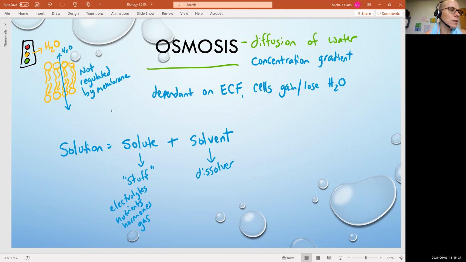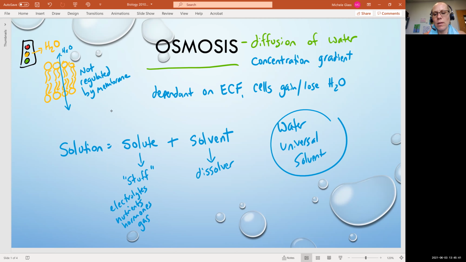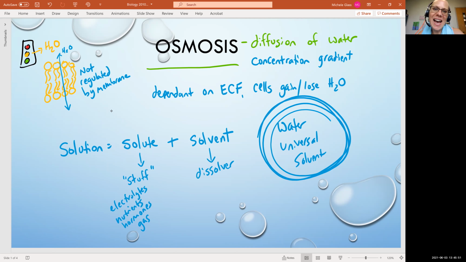Could be all of these things. And the thing that's important to remember is that water is a universal solvent. And this is important to remember because when we talk about osmosis, we're talking about the movement of water, right? We're talking about movement of water from a high water concentration to a low water concentration, right? So here's the question. How do we know a high water concentration and a low water concentration?